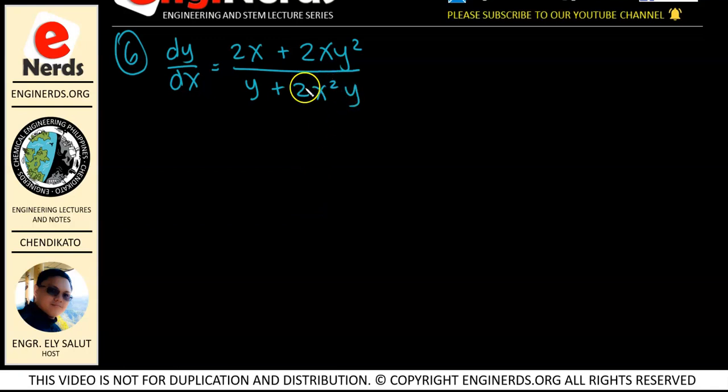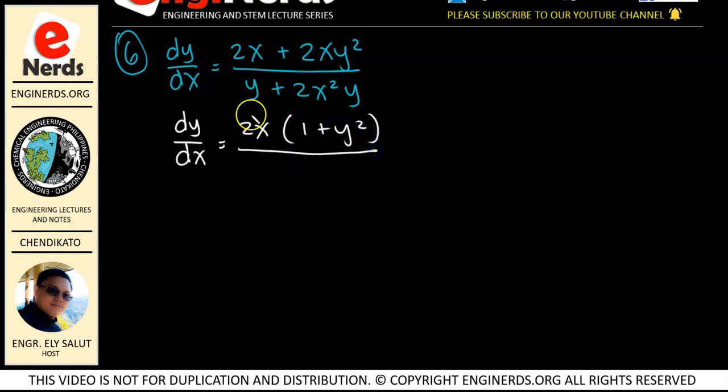But actually, we can separate that just by factoring itong ating mga given dito. So, we will have dy over dx is equal to, we can factor out 2x dito sa ating numerator. So, I will have 2x times 1 plus y squared. Sa denominator naman natin, we can factor out y. So, I will have y times 1 plus 2x squared.